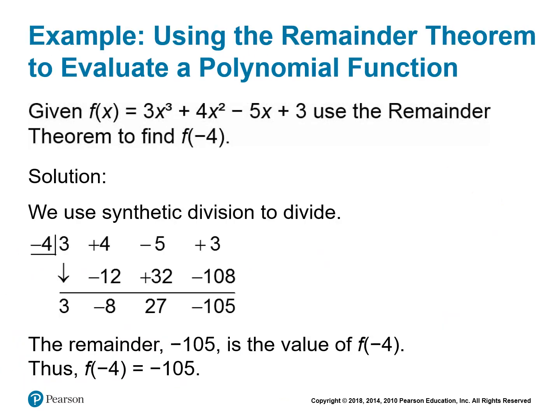Now on this slide, we are presented with an example explaining the use of the remainder theorem to evaluate a polynomial function. All right. So they've given us a function which is 3x cubed plus 4x squared minus 5x plus 3, and they say use the remainder theorem to find f of negative 4.